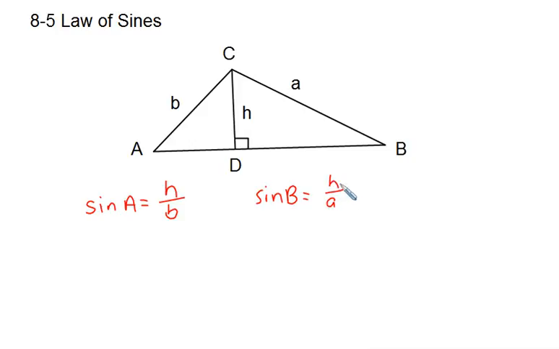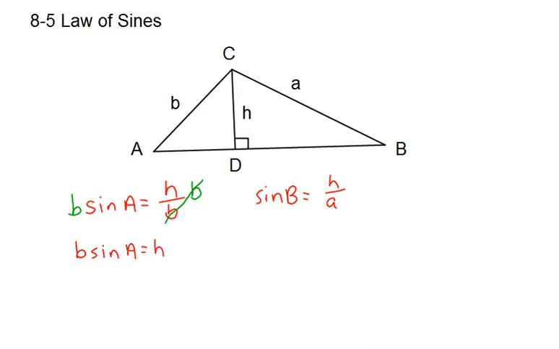And since I have h in both equations, I'm going to solve for h. So I'm going to multiply both sides by b here, and the b's will divide out. So when I do that, I'm left with b sine of A equals h.